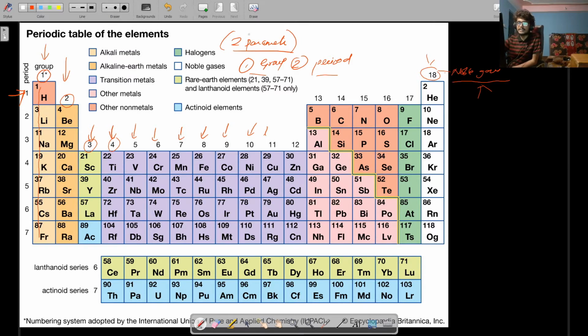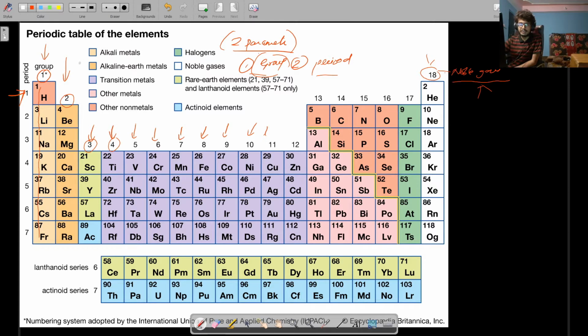And the first aspect that I told you is the group, right? The group of the periodic table is the vertical arrangement of elements. So every vertical column is known as a group. The first one is the first group, the second is the second group, third is the third group, and it goes on.